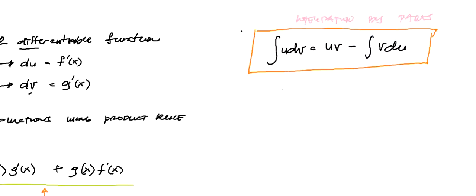Okay, so first thing is that there is no specific rule in choosing which is u and which is v. So we have no established rule which is v and which is u, as well as u and dv, as well as dv and du.